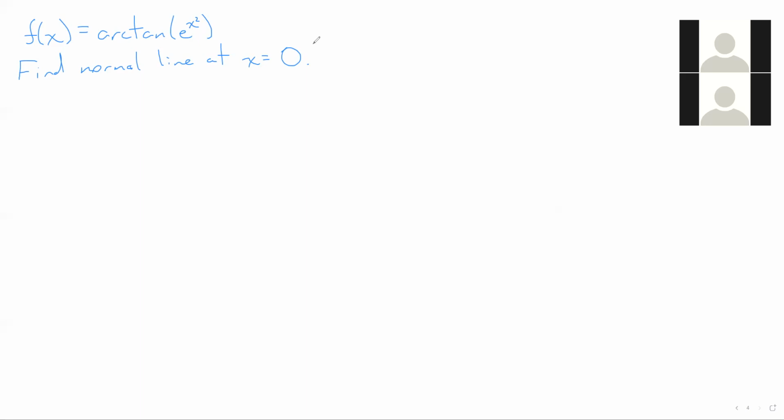So what do we do with this thing? What is the normal line supposed to be again? That's not a derivative, is it? It has something to do with the derivative. So let me draw a schematic here. Let's say I have a curve. You know what a tangent line is, right? So we'll call a tangent line T. The normal line is this thing, which is perpendicular to the tangent line.